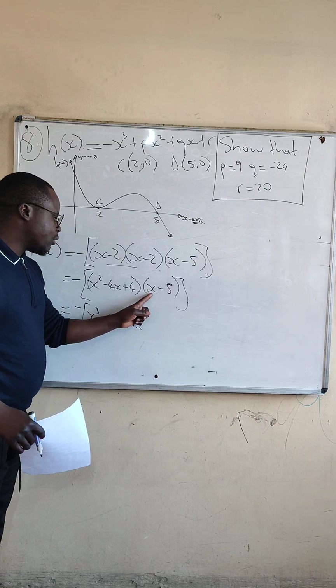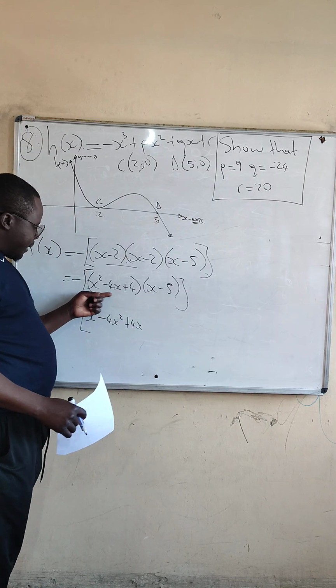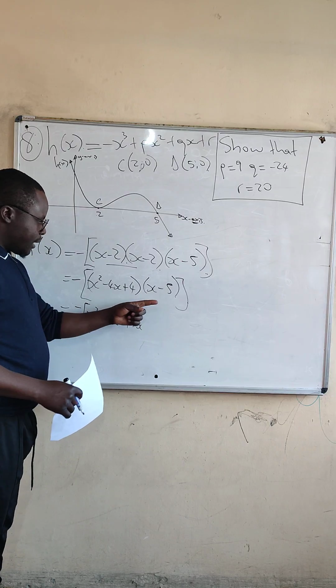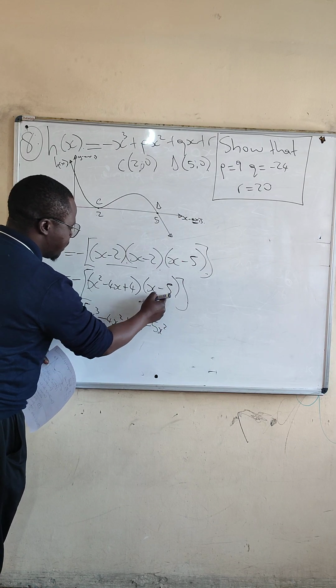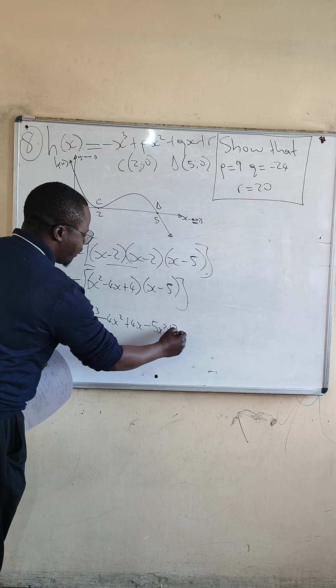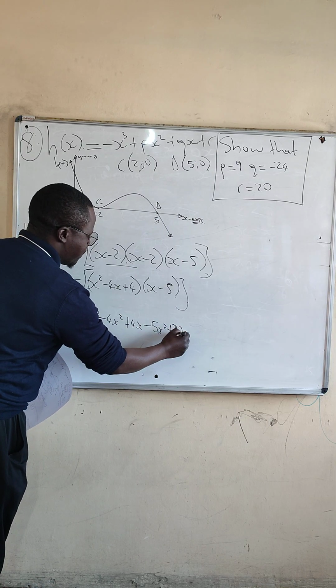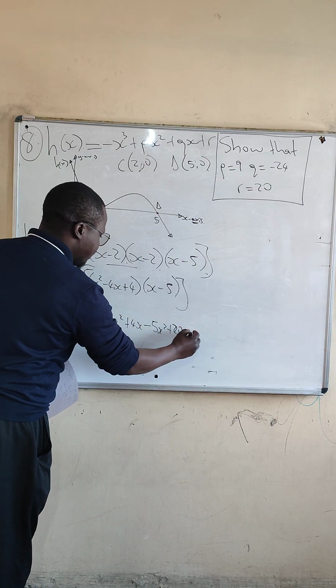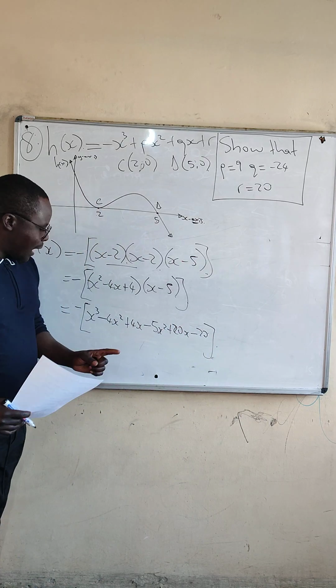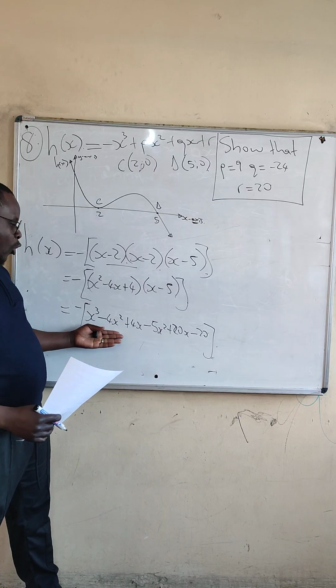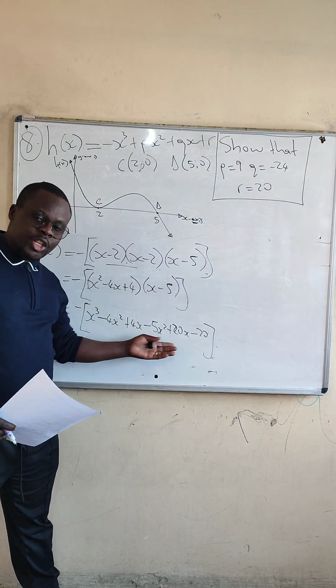When we are done multiplying with this one, let's use this one to multiply everything like we did on the x. Minus 5 times x squared, this is minus 5x squared. Minus 5 times this one, positive 20x. Then minus 5 times this one, this is going to be negative 20. So after this, let's collect like terms within the square bracket.